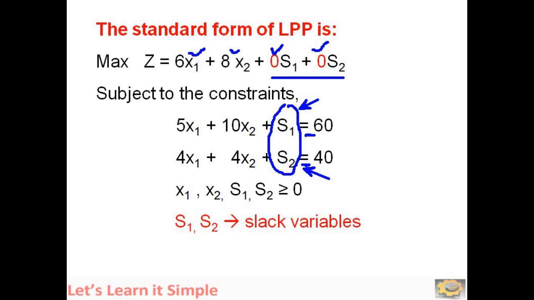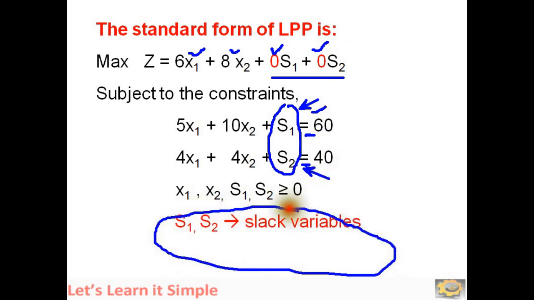So the objective function will purely depend on x1, x2. Just for solving the problem, we have added S1, S2. These S1 and S2 are called slack variables. Slack variables can be used in case of less than or equal to inequality. Keep in mind, the slack variable should be used only for less than or equal to inequality.